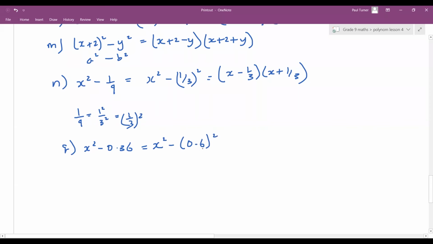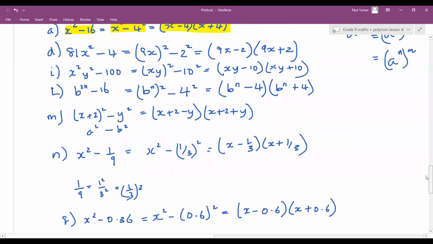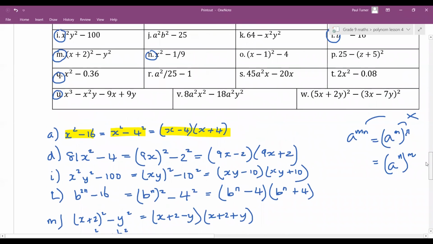Check with your calculator, 0.6 squared is 0.36. So just write out your factors. x minus 0.6, x plus 0.6, like that. So decimals can be done as well. If it was 0.37, then you have a bit of a problem. You end up with surds, but not today.